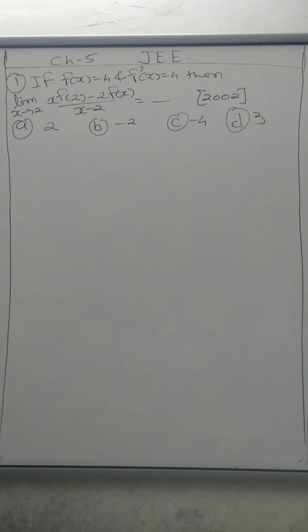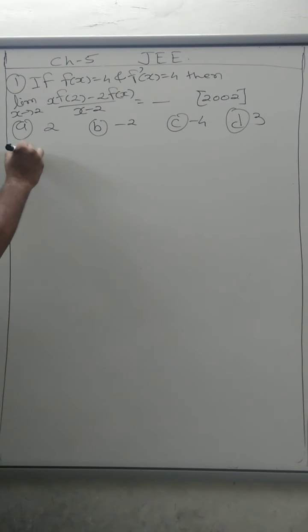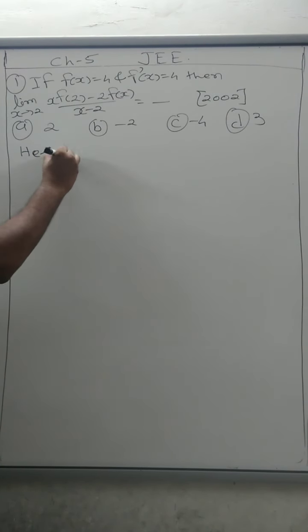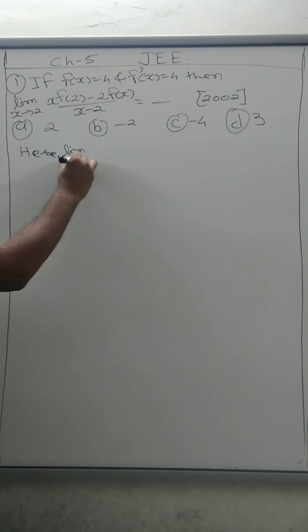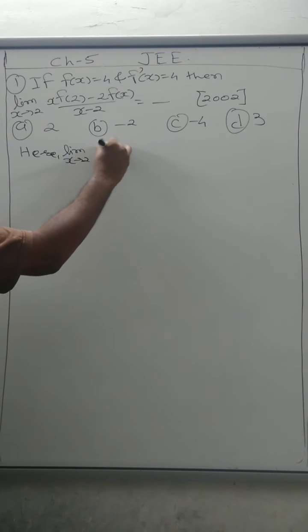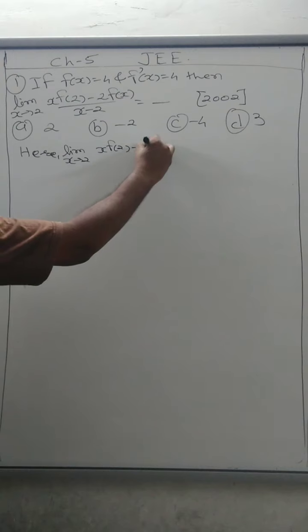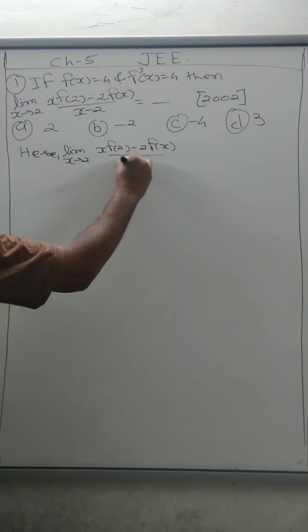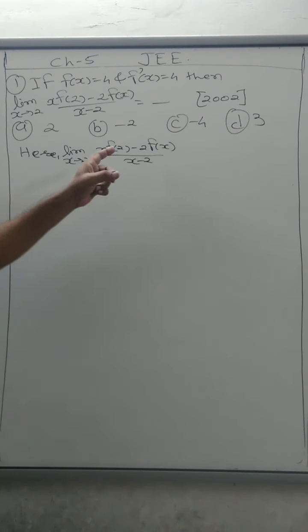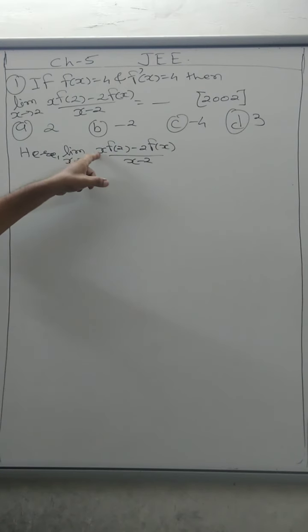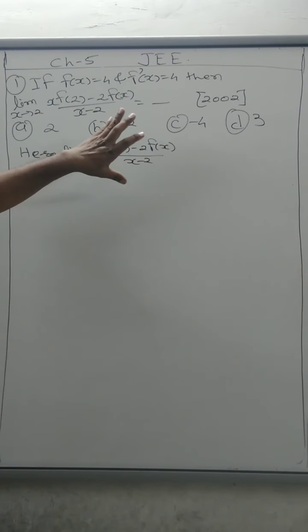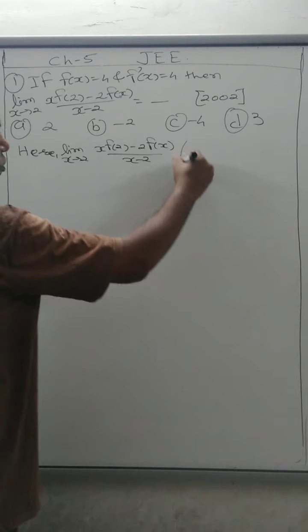So we start. Here two or three methods are there, but we take the simple method. First of all, the limit as x tends to 2 of (x f(2) minus 2 f(x)) upon (x minus 2). If we directly place 2 in this limit, we get the 0 upon 0 form.